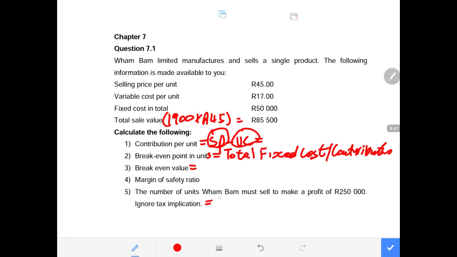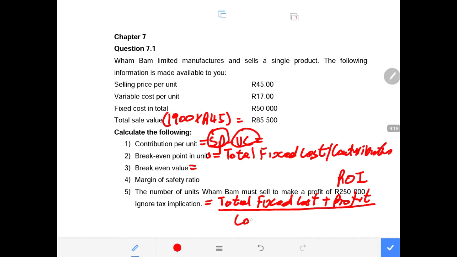The formula says total fixed cost plus profit or plus return on investment. Sometimes they say the owner wants to get a return on investment, which is called ROI. So we say total fixed cost plus return on investment divided by contribution per unit.